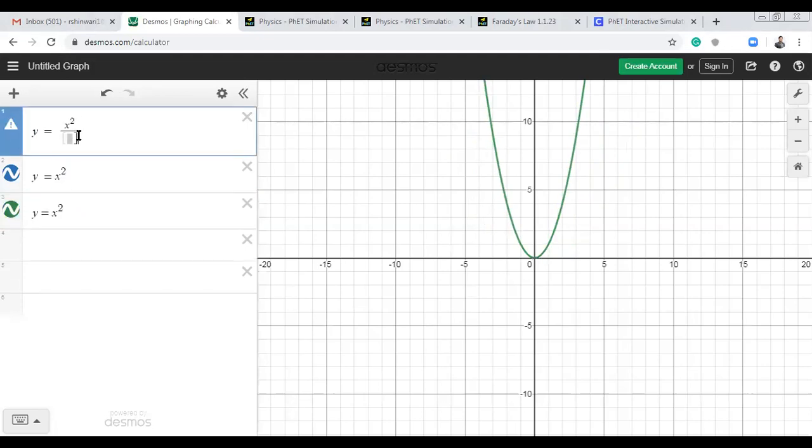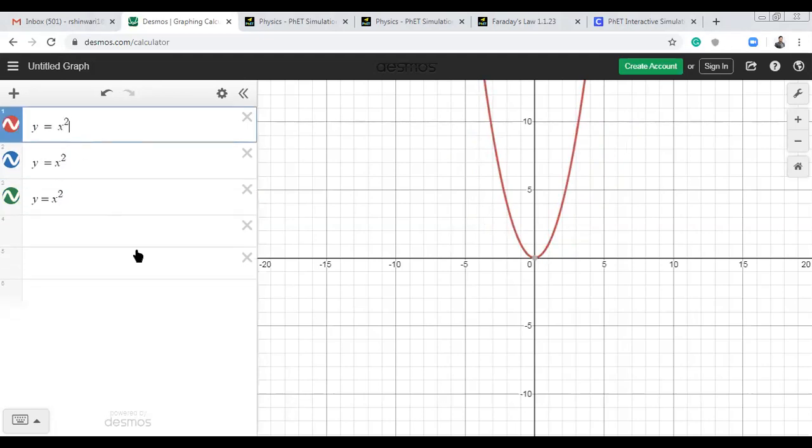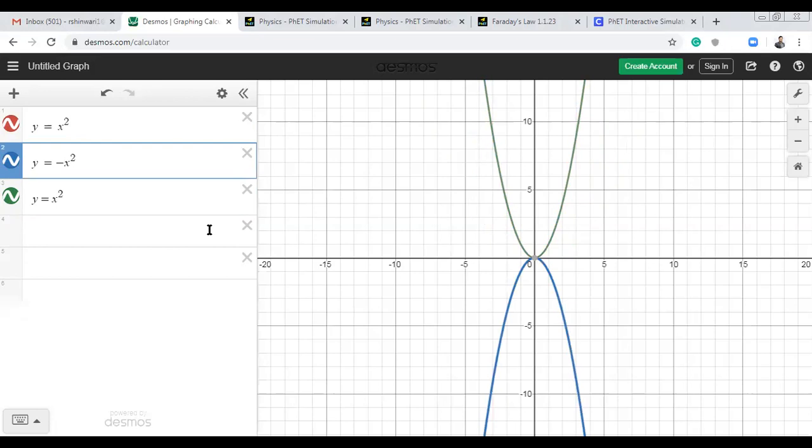Let's multiply with a negative number. We have the function x square, this blue one. So when you multiply with minus, what will happen? Yes, it is totally a reflection of the graph, a transformation of the graph.